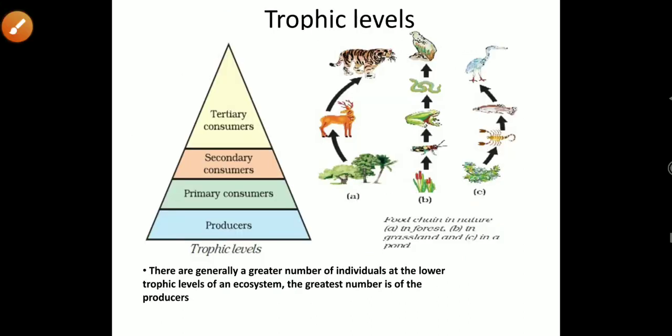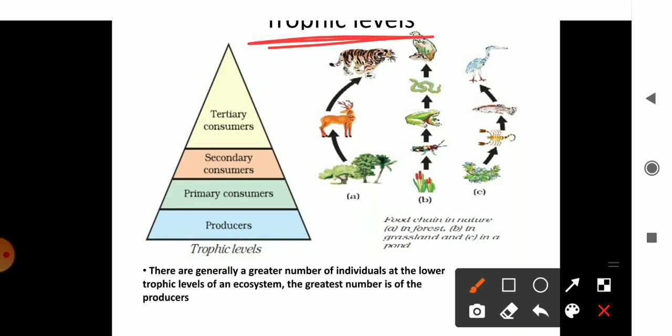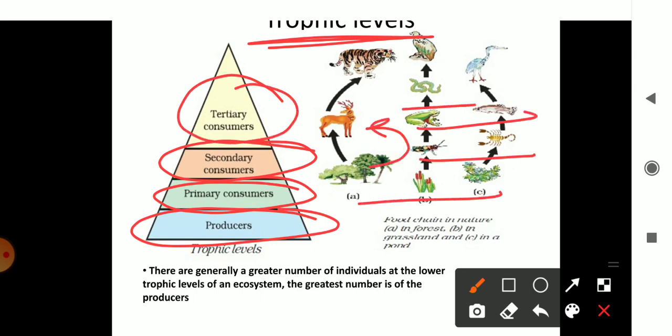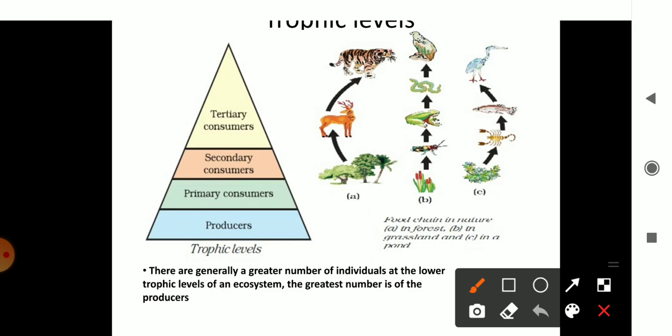Okay, now coming to trophic levels. Trophic levels are the various steps of the food chain through which energy is passed from one level to other. So each level of the food chain through which energy is passed from one level to other in the form of food is referred to as trophic level. The first trophic level is occupied by producer. Then you have got the primary consumer, which is a herbivore.